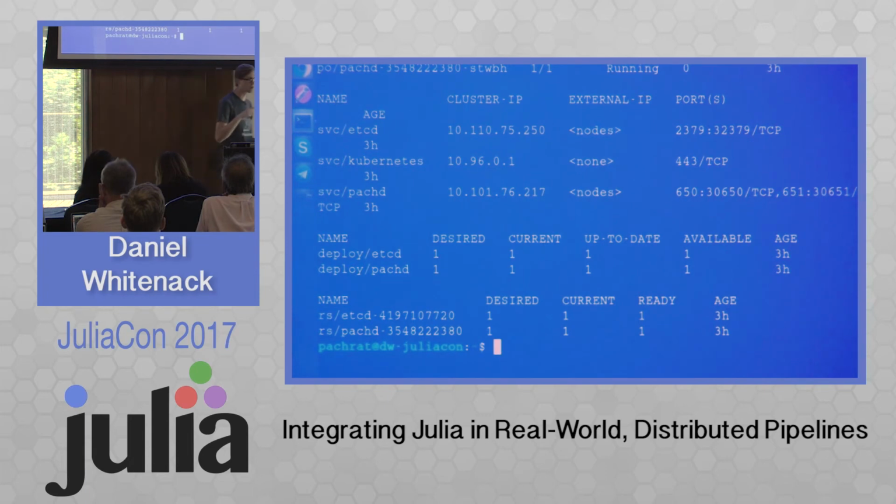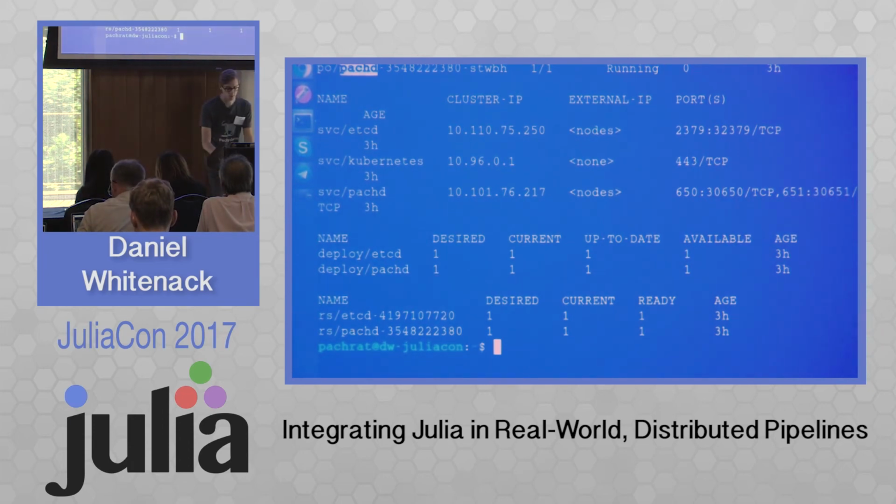One of them is pachd, which is our Pachyderm daemon. So in other words, we have Pachyderm running on this Kubernetes cluster. The Pachyderm we're going to be talking to is just this lightweight service running on our cluster.